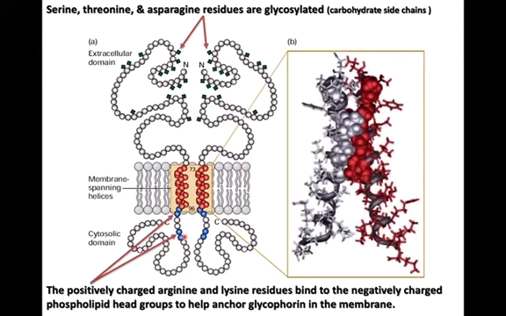These amino acids are very important because they are positively charged and they can bind to the negatively charged phospholipid bilayer. That's why they can anchor glycophorin A in the membrane. It's very crucial for the stability of that protein and the anchoring of this protein into the plasma membrane.